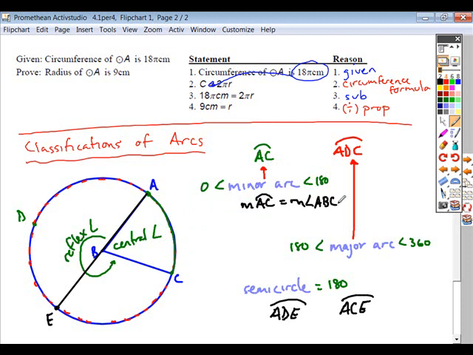It's equal to its central angle. For a major arc, the measure of that arc is equal to its reflex angle, so angle ABC, but this whole entire measure. It's also the same as 360 minus whatever the central angle is. And what's the measure of a semicircle always going to be? 180. It's identical to the angle that's formed. If you look at angle ABE, ABE has a measure of 180 degrees, so that'll be the same.